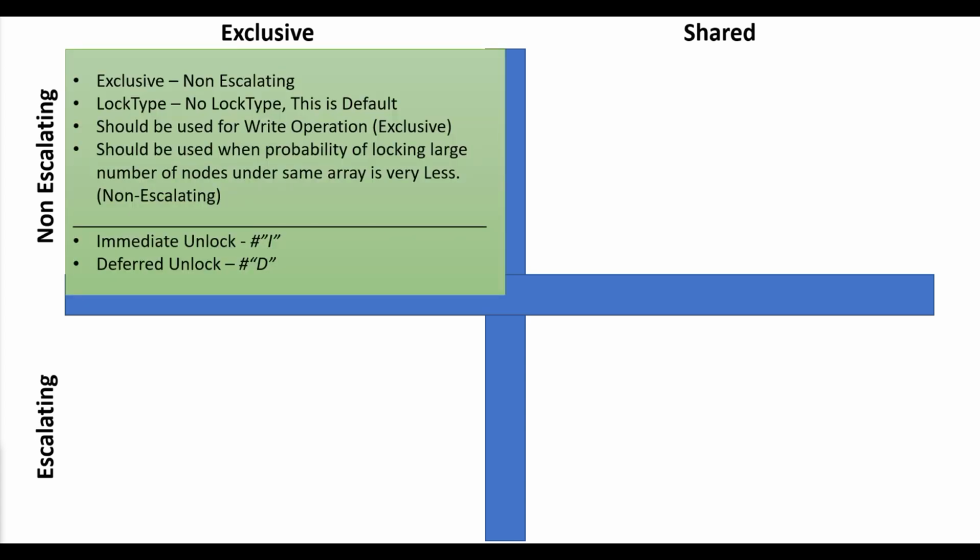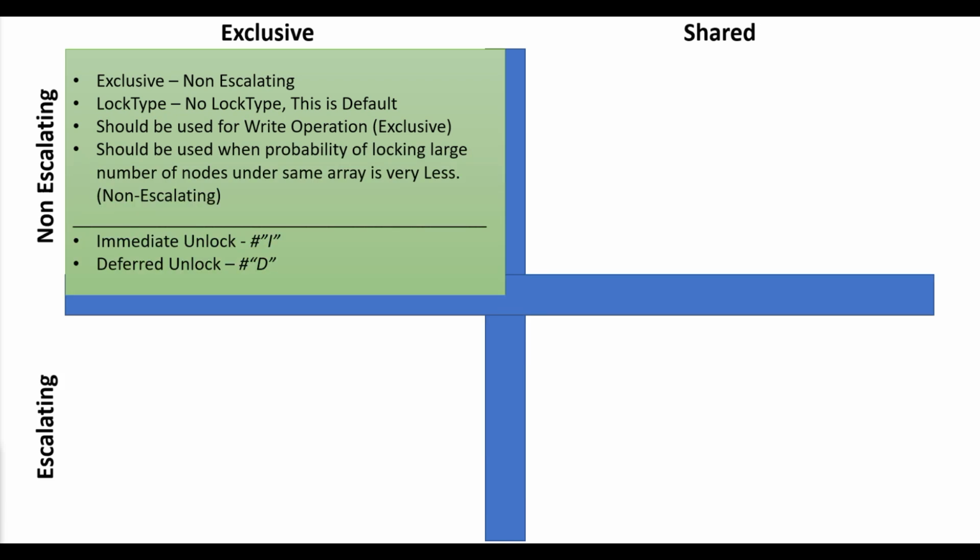First pair is exclusive non-escalating. This is the default pair, so we don't have to specify anything in the lock type. Since this is exclusive, it should be used only where you are performing a write operation, that is updating or inserting a new record in a global.